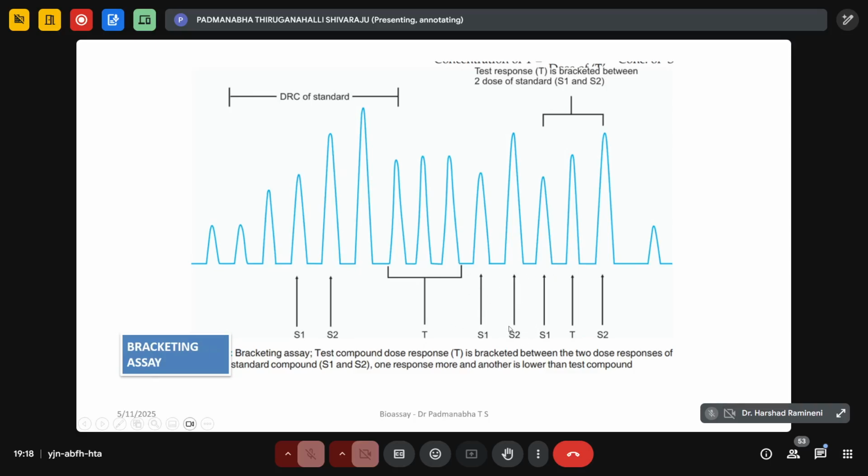Once you have done the standardization with respect to the test and standard drug, next you select the lower dose of the standard drug, and after that you administer the test drug, and after that you go for the higher dose of the standard drug. So this is bracketing. In between the standard doses, you are administering the test drug to get a response. So the test response is bracketed between the two doses of the standard drug, S1 and S2.